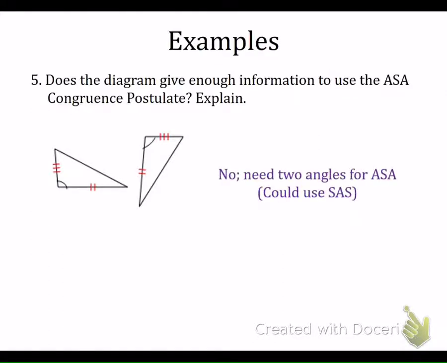So no, we need the two angles for angle, side, angle. Or you could say no, this would be side, angle, side. Either reason works. So we don't have enough angles. We need two angles. But it does work on side, angle, side. Questions?